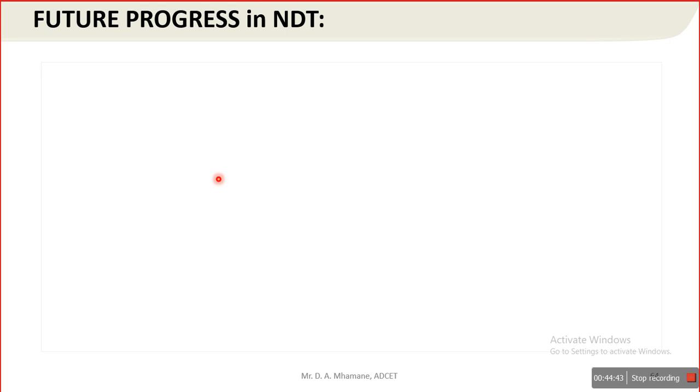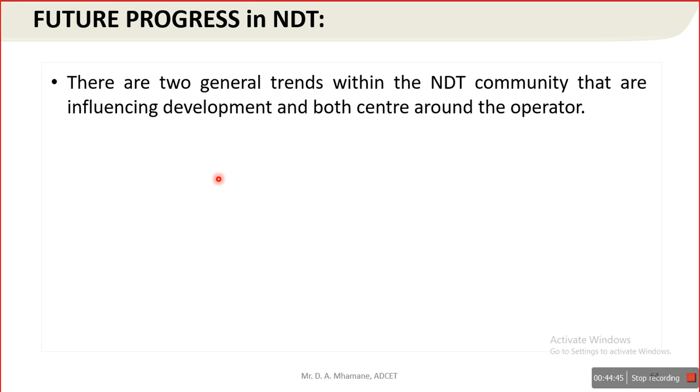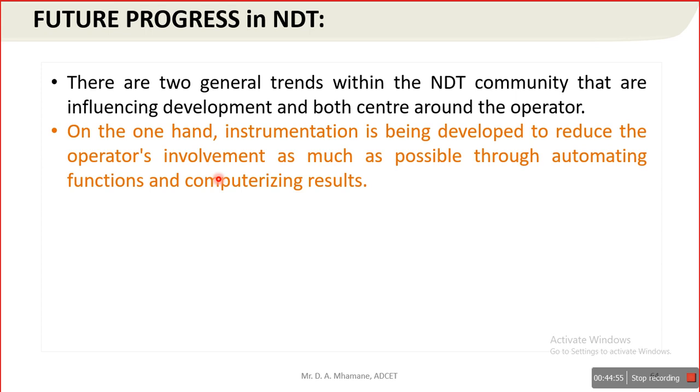Future progress. There are two general trends within the NDT community that are influencing development, and both center around the operator. On the one hand, we say that we need proper interpretation of responses, so we need a skilled person.